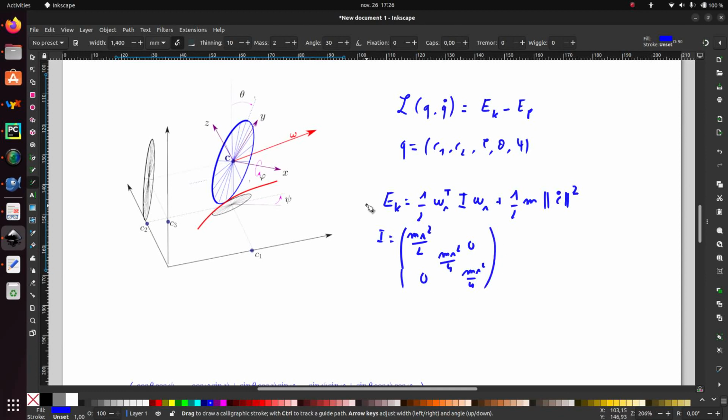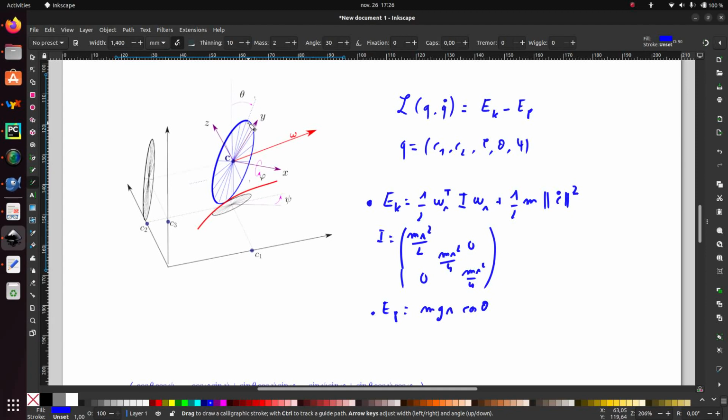And the potential energy EP is equal in our situation to mg r, the radius of the wheel, multiplied by cosine theta, the stand angle.